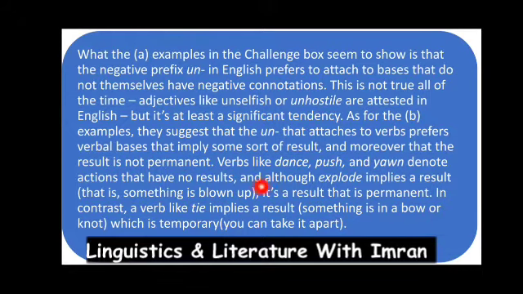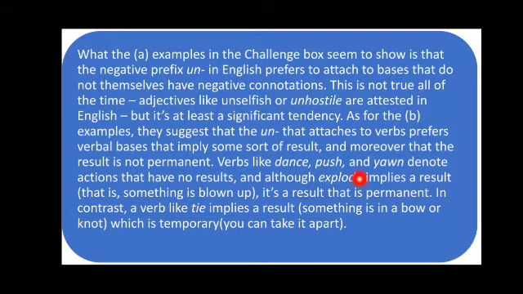So this is okay, the reason for this. So if verbs do not have any results, right, we cannot add un. And from the second rule, we learn that these results are temporary, not permanent, right? Like we learn the result of explode is permanent, and the result of tie is temporary, right? So this is the rule.